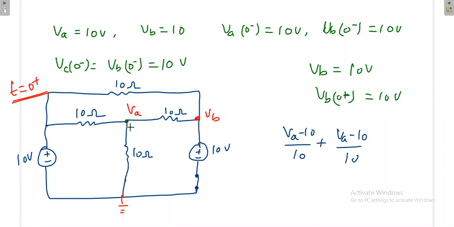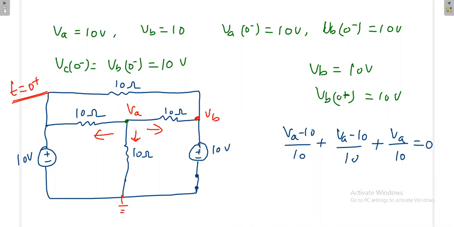And then what is the current going here? That is VA divided by 10. So that is equal to 0. From this you can easily calculate VA. What we are doing here is that the sum of the current leaving the node VA is 0. That is what we are representing here.